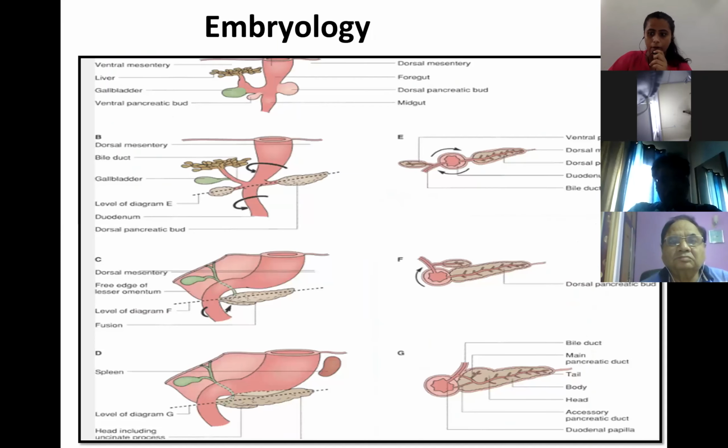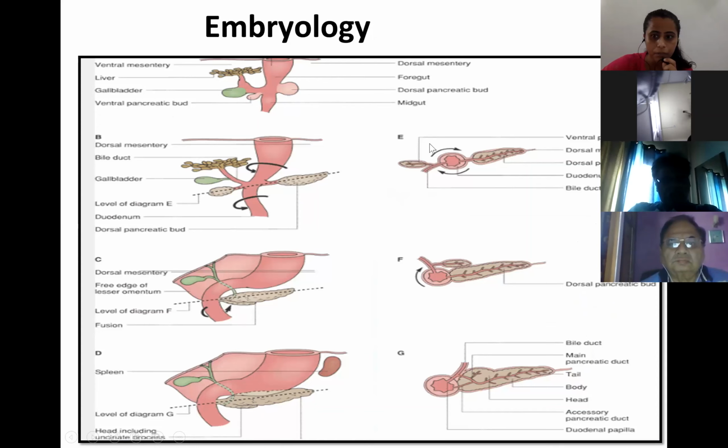So in embryology, there is a ventral mesentery and a dorsal mesentery, and as we can see here, the pancreas develops from two separate growth buds of tissue, both of which arise from the distal foregut and develop within the mesentery. That is the ventral pancreatic bud and the dorsal pancreatic bud.